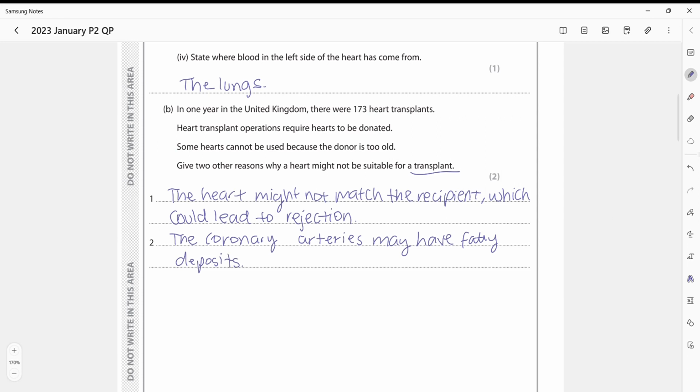Some other points that you can include is when you remove the heart from the person, the heart might be out for too long and therefore you can't transplant it into the recipient. Another point that's also in the marking scheme is that perhaps it's the wrong size as well.